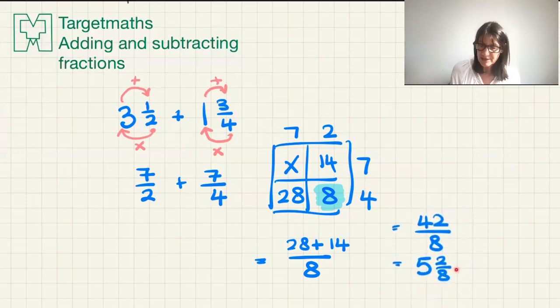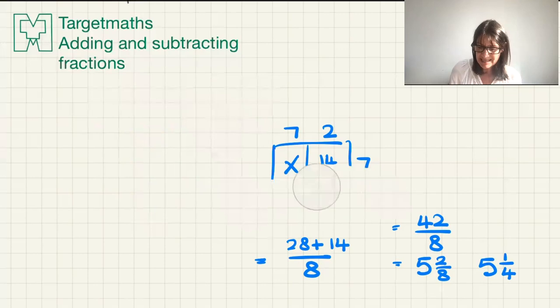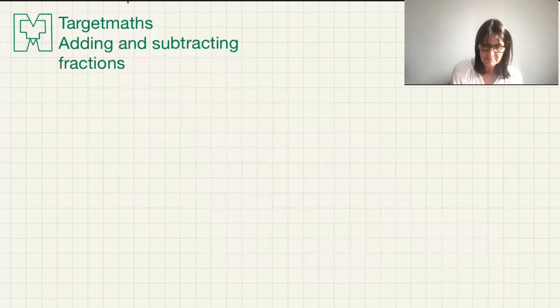If I look at this fraction here, that cancels, so there's still more to do. 2 eighths can be halved to give me a final answer of 5 and a quarter. So mixed numbers must be changed into fractions before I can use the fraction method.